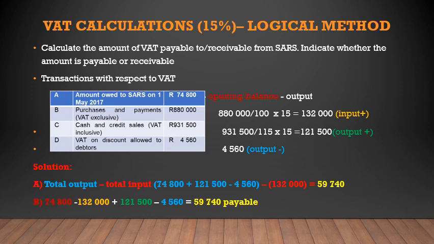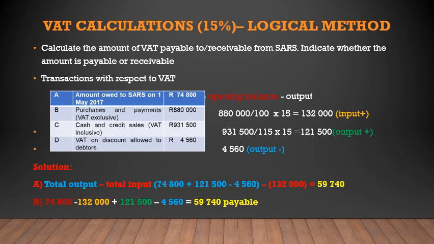So whenever we are calculating payable or receivable, we are calculating the VAT amount. So we go back to the formula: amount given 880,000 divided by 100. That is what it represents on the framework. Multiplied by the required on the framework, it is VAT represented by 15 to give us 132,000, which is input increasing.